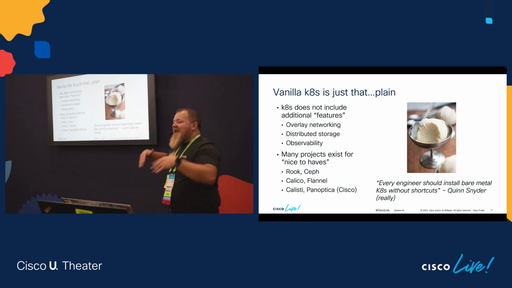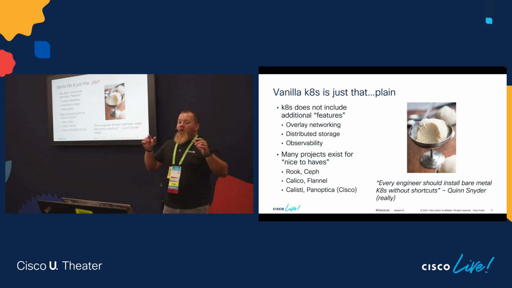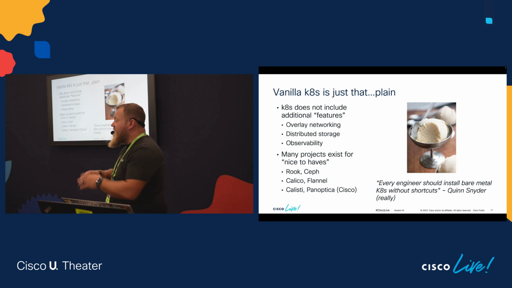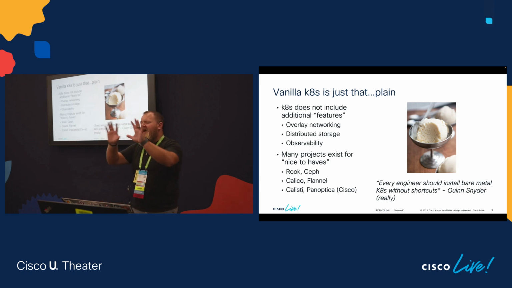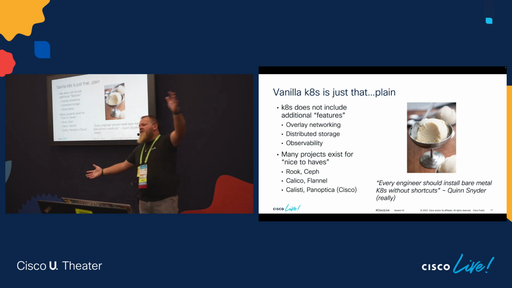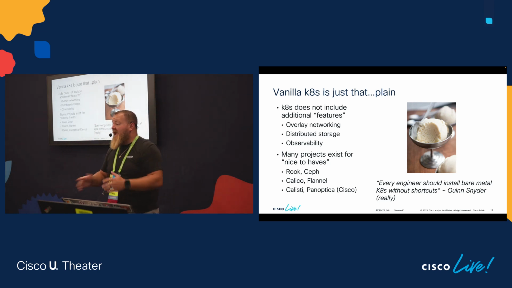All of that is an add-on to Kubernetes. What makes that really interesting is if you've ever seen the CNCF world map, there are like 3,000 different projects under the CNCF that work with Kubernetes. It's intimidating.